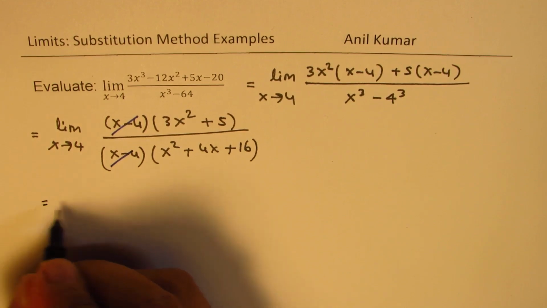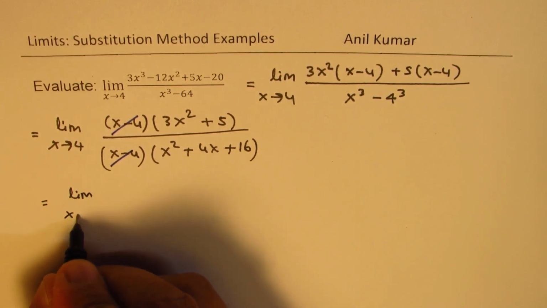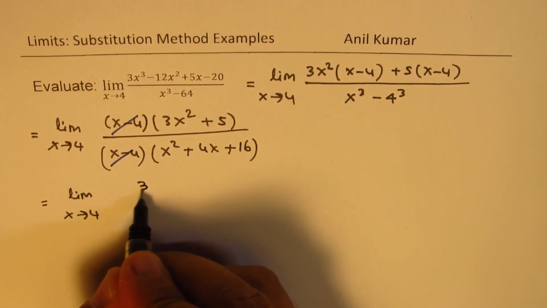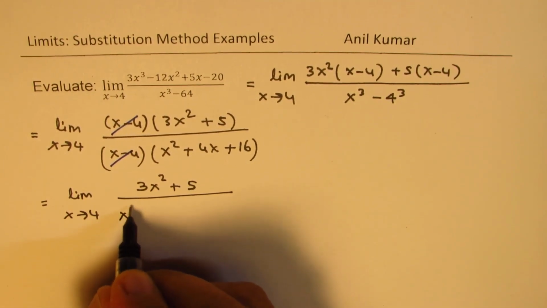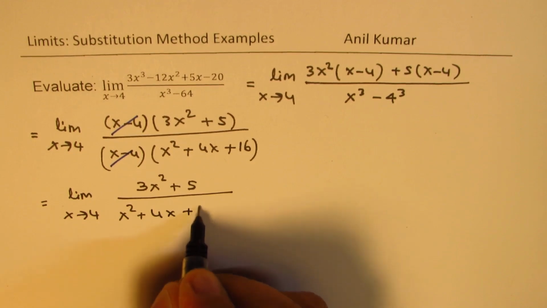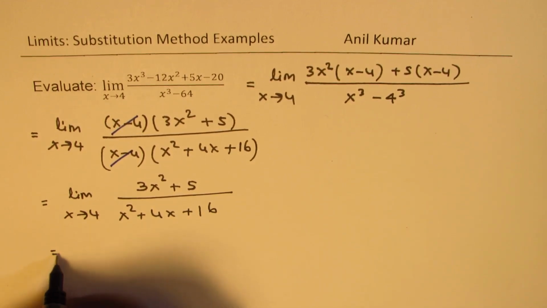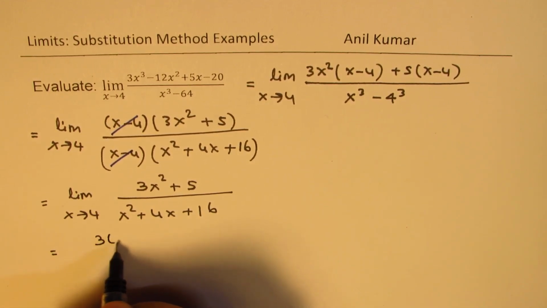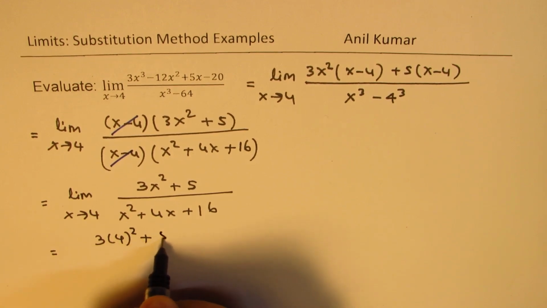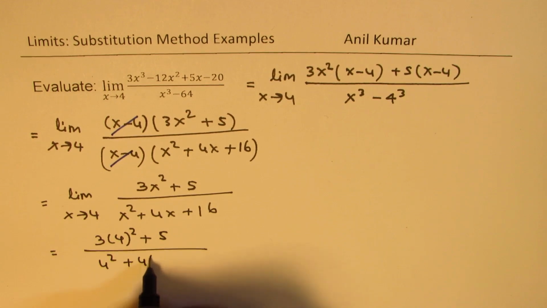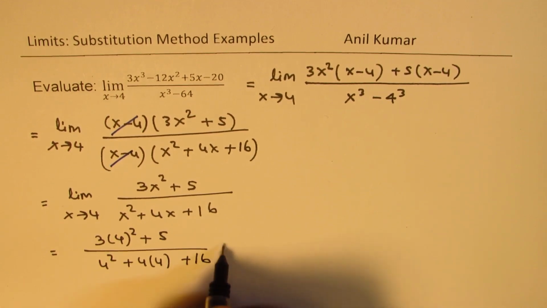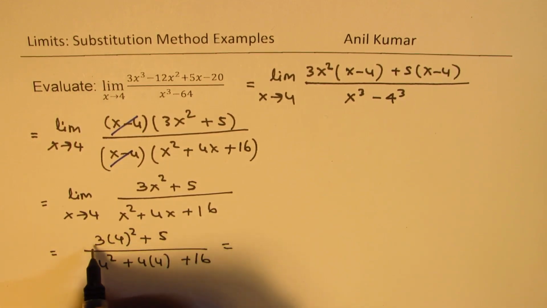And therefore, we could write this as limit x approaches 4, 3x squared plus 5 over x squared plus 4x plus 16. Substituting 4 here, we get 3 times 4 squared plus 5 over 4 squared plus 4 times 4 plus 16, correct?